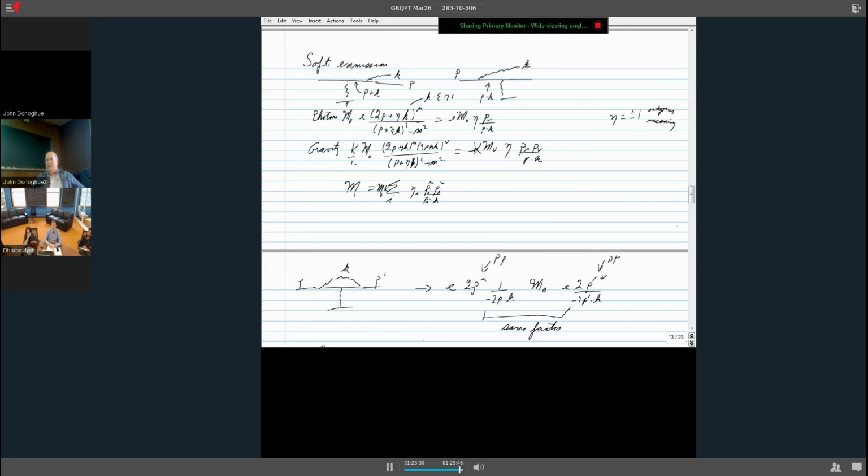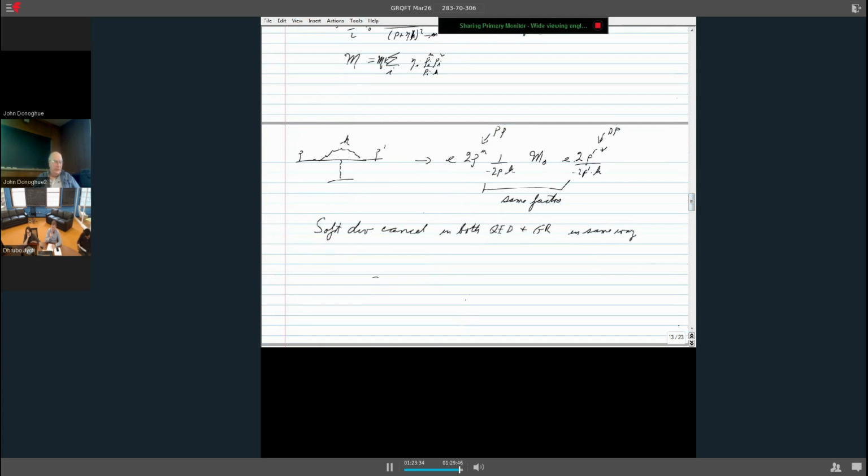And on the other side I get epsilon dot 2P prime over 2P prime dot K. So the basic point is I get the same factors. And if I'm doing gravity, I basically just put P there. So the momentum factors.